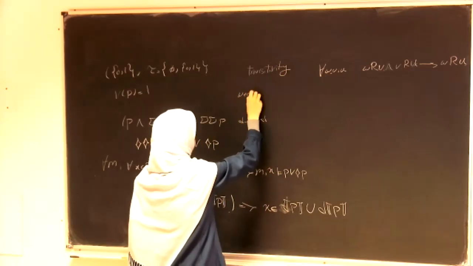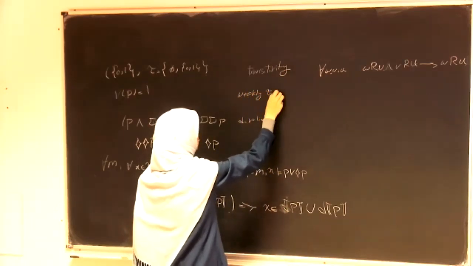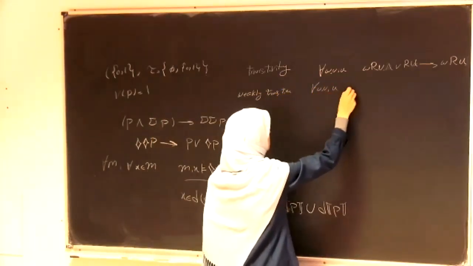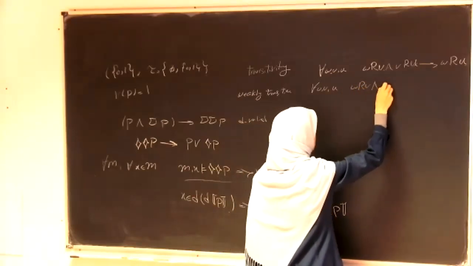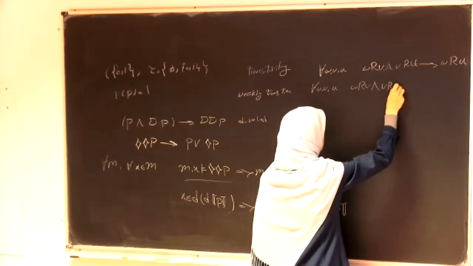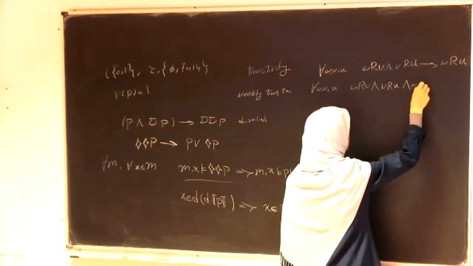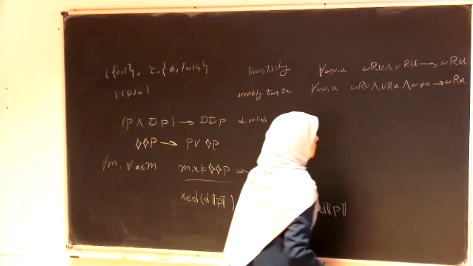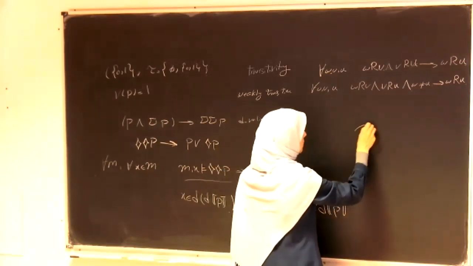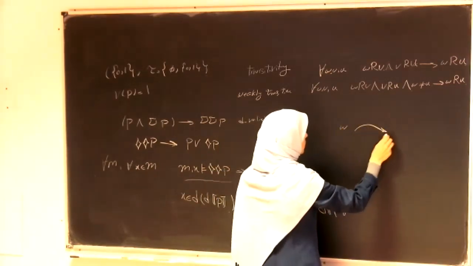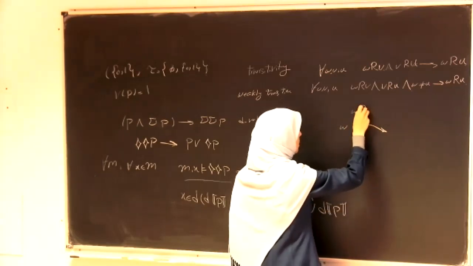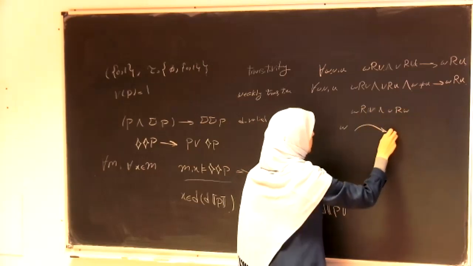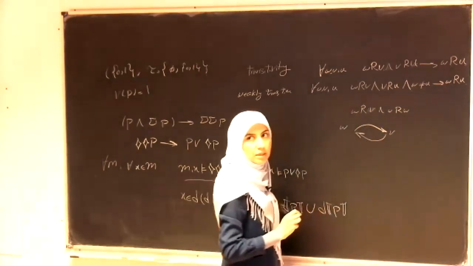But here we have this property if W and U are not equal. For example, in the case that we have W R V and V R W, we have this shape.